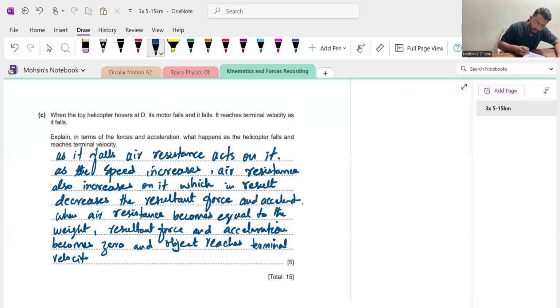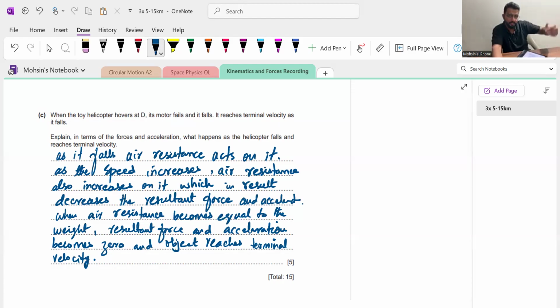So if you're not clear on this topic, you have to study this topic and then you will understand the answer because this is in detail. So what I can do here is simply say that when something falls, it accelerates and air resistance acts on it.